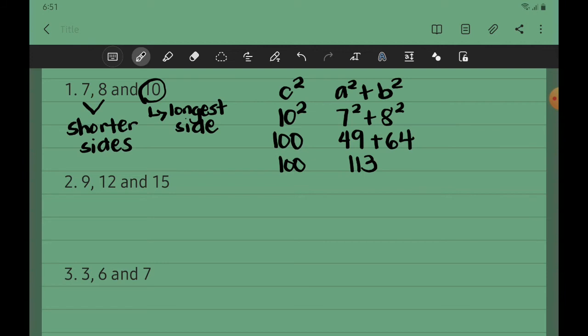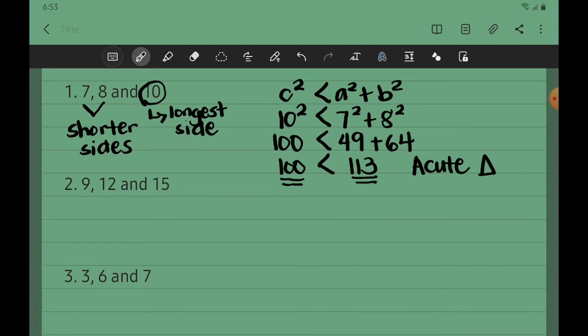So, we can now put the symbol less than. And according to our definition a while ago, when the square of the longest side is less than the sum of the squares of the shorter sides, that is an acute triangle. Because the square of our longest side is less than the sum of the squares of our shorter sides.